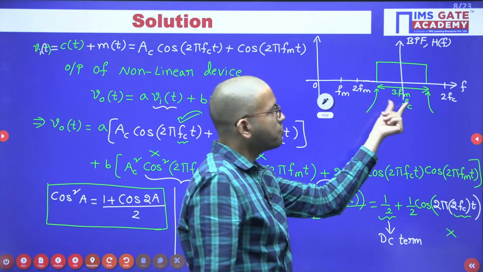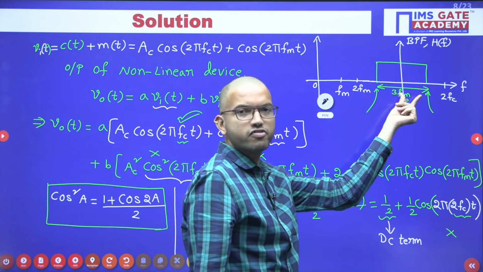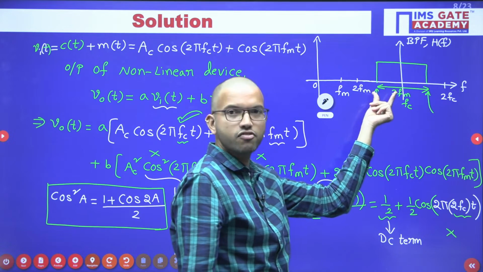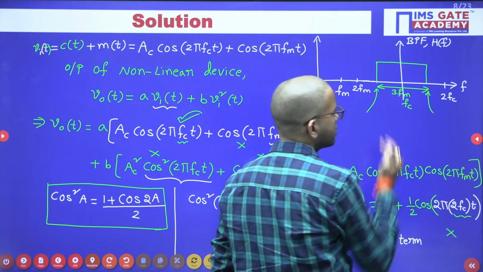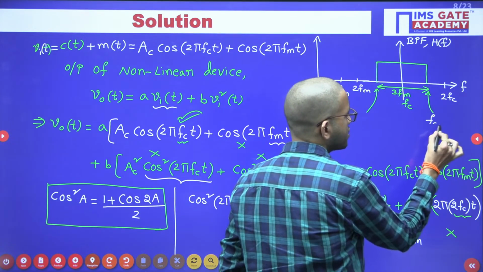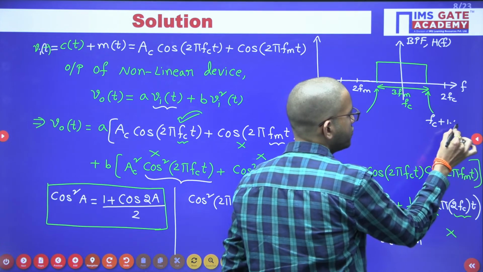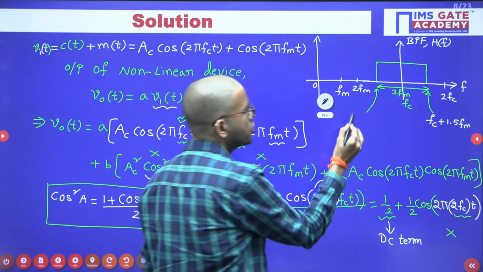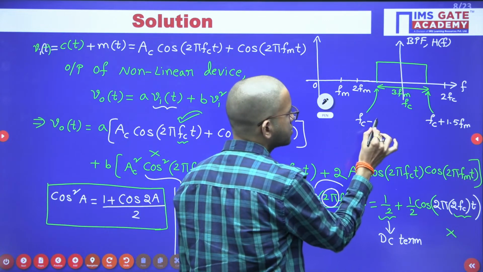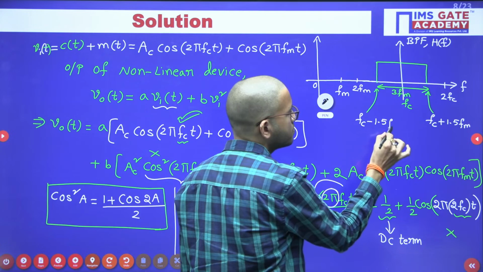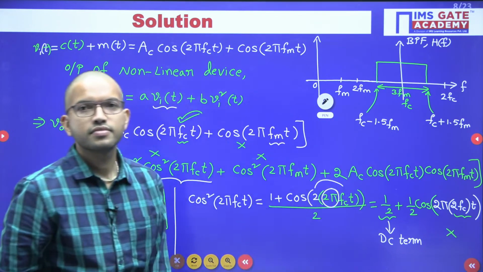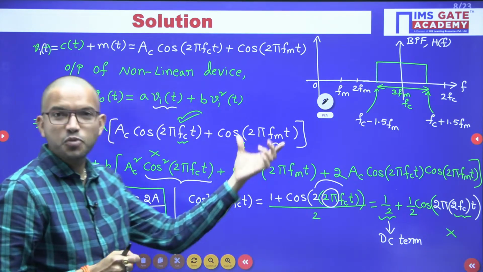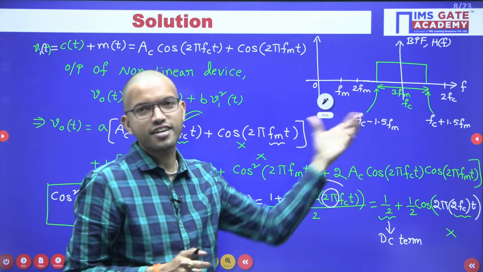Here 3 fm means this side you get 1.5 times fm and this side 1.5 times fm. So this frequency is fc plus 1.5 times fm, and similarly this one is fc minus 1.5 times fm. I have given more hint, so at least you can answer now.